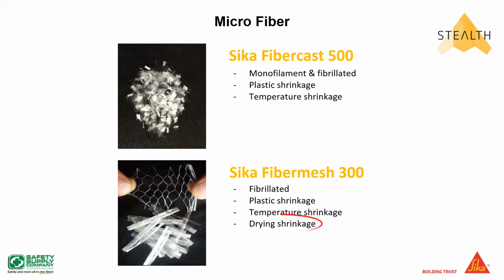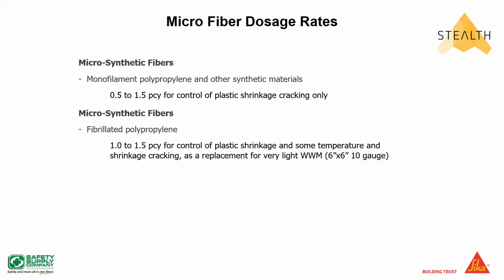Okay, and again, I did mention a minute ago that the Sika 300 helps with drying shrinkage, whereas your monofilament or multifilament micros don't. As far as your microsynthetic fibers, most of your monofilaments, or what we refer to as multifilaments, we dose concrete anywhere from 1/2 pound to 1.5 pounds per yard of concrete.